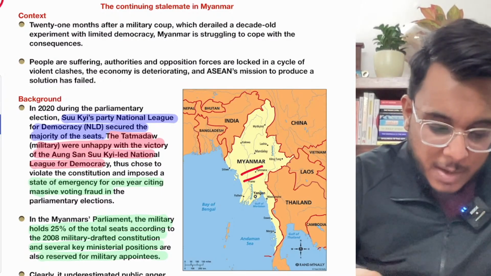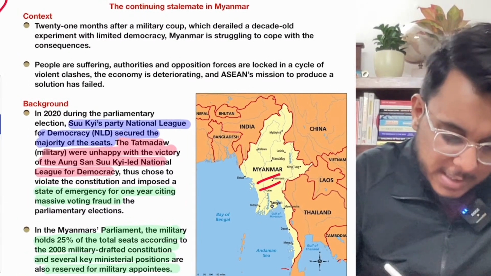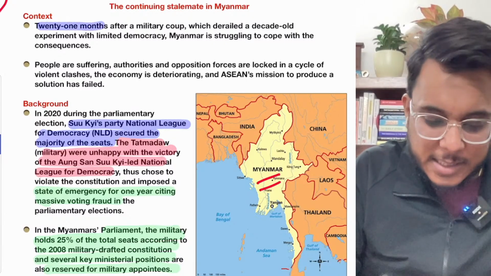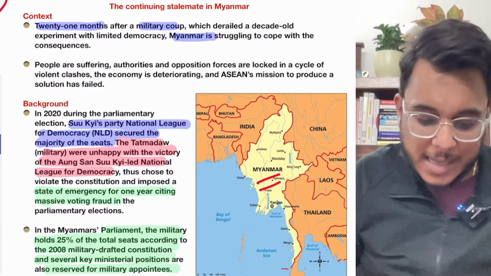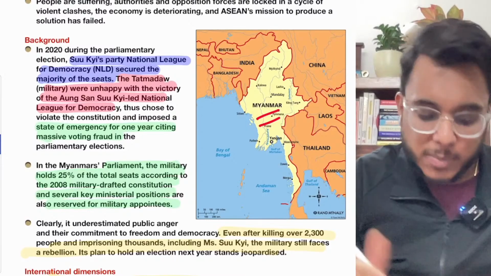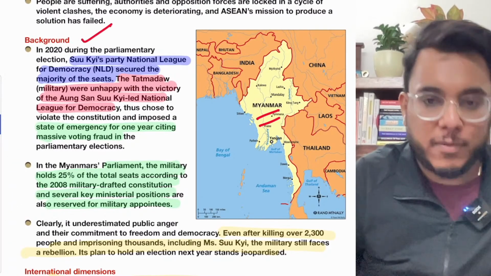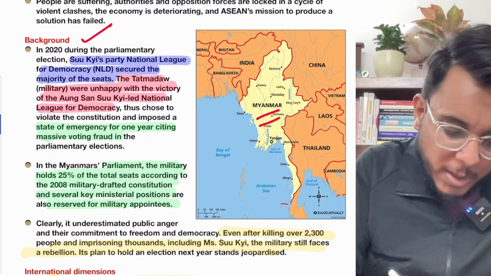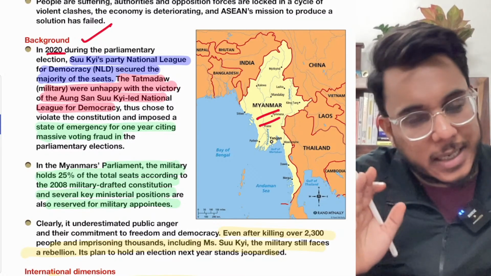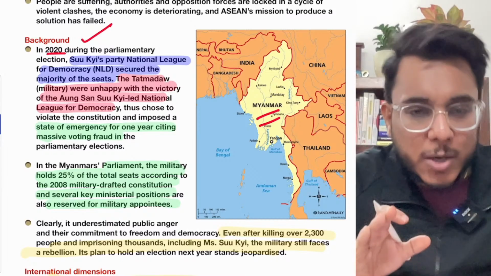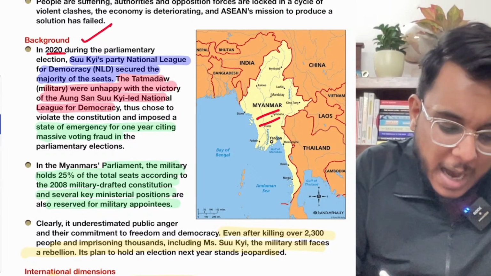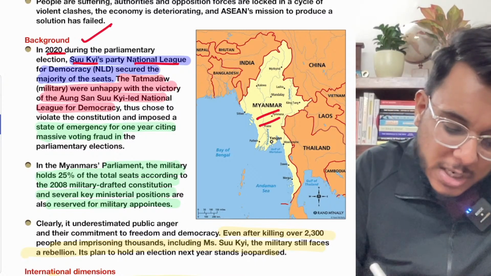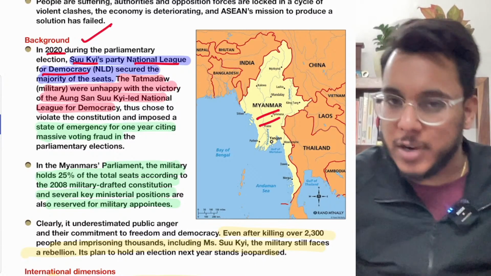Now, first of all, what had happened? 21 months have passed since this military coup in Myanmar. Let's take a little bit of background. In 2020, elections were conducted in Myanmar, and in these elections, Aung San Suu Kyi's party, the National League for Democracy, emerged victorious.